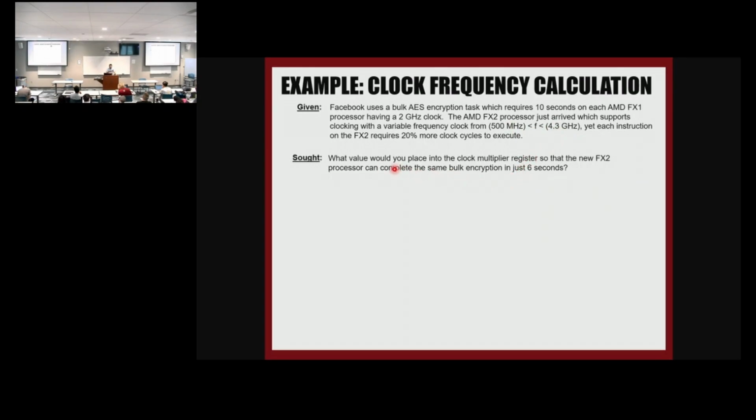So now the question is, what value would you place into the clock multiplier register? In English, it means what should the clock frequency be, right? What should we have as clock frequency for FX2 processor to complete the same encryption task in 6 seconds?